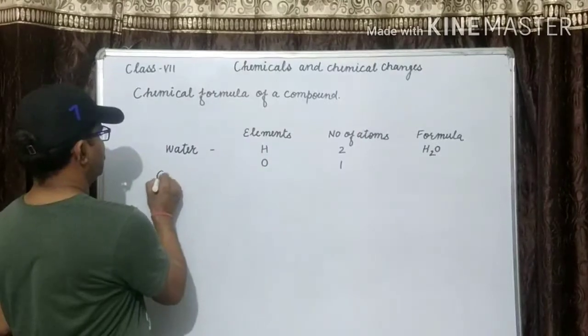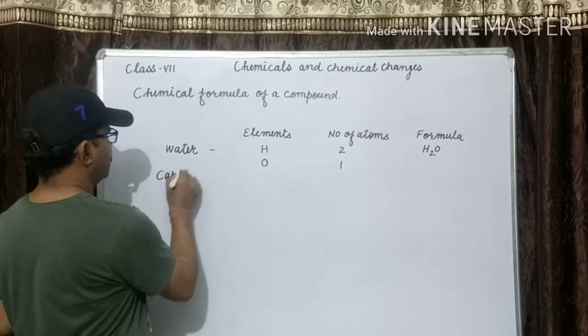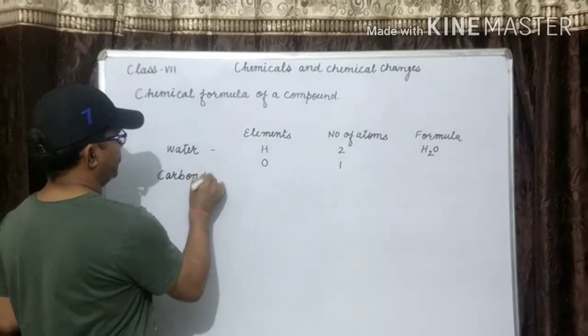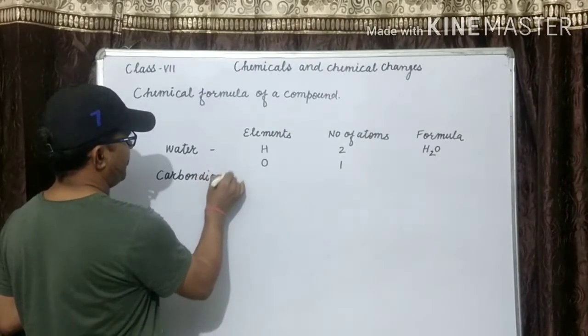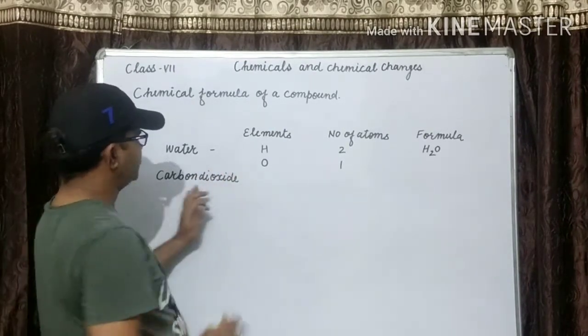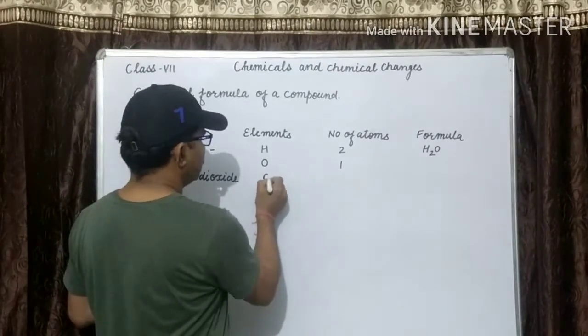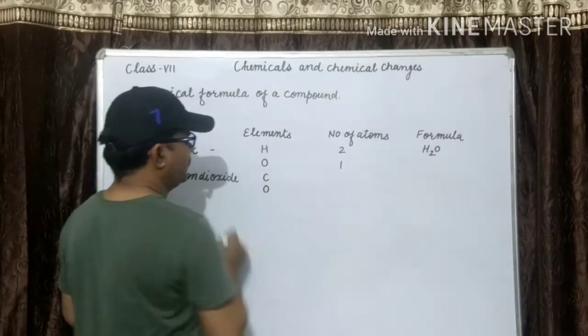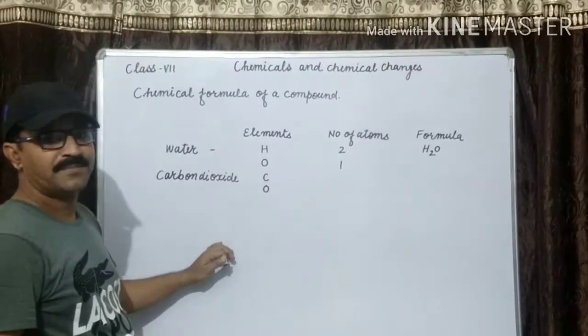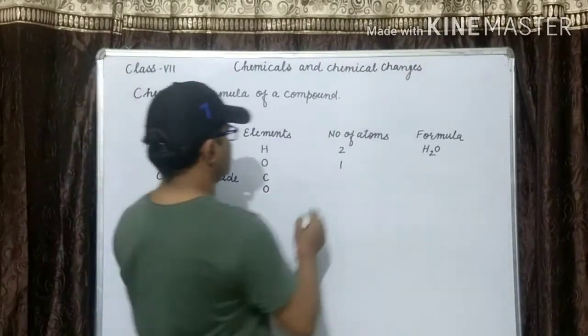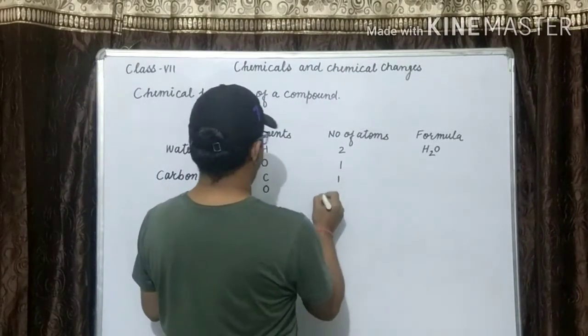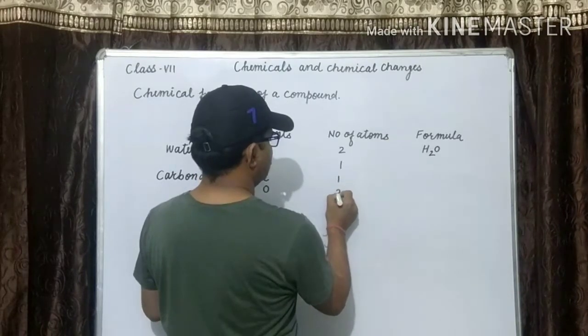Next is carbon dioxide. The elements present in carbon dioxide are carbon and oxygen. Clear? Number of atoms: carbon 1, oxygen 2.